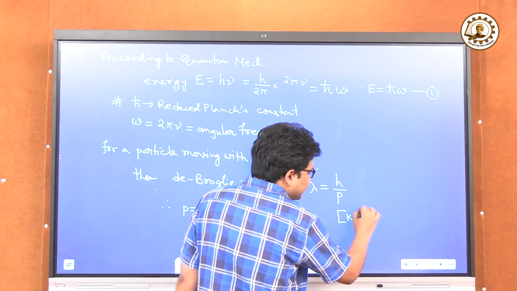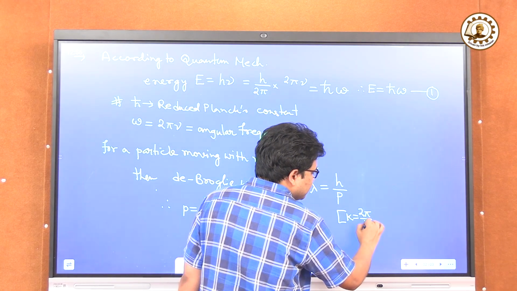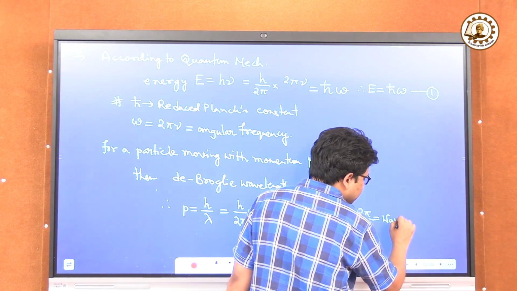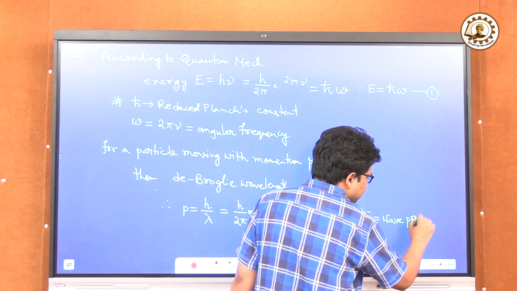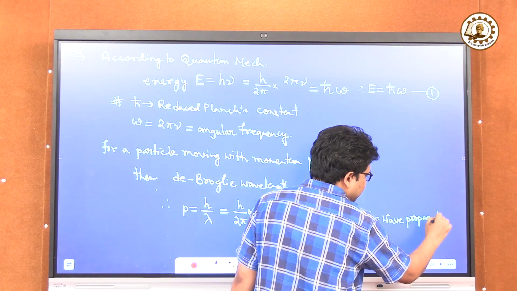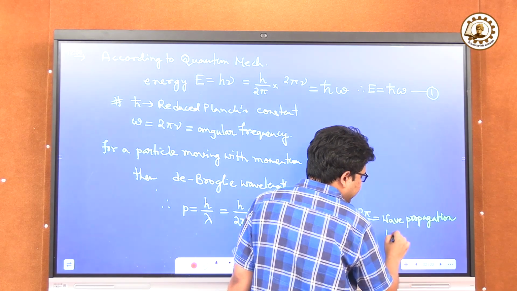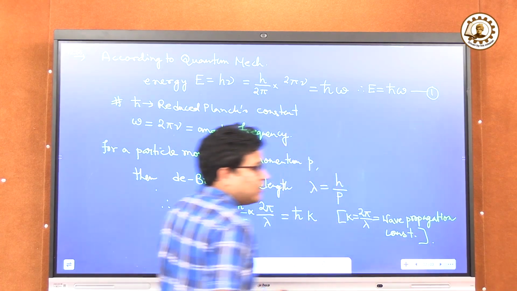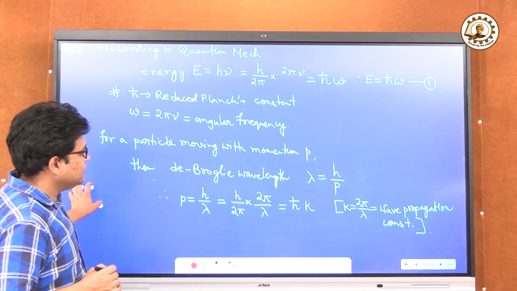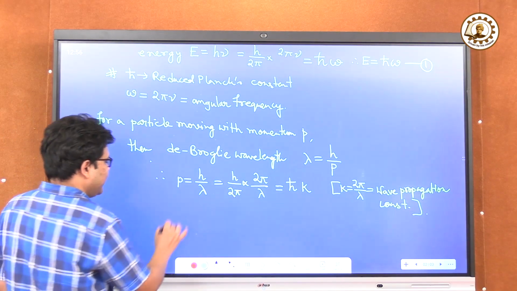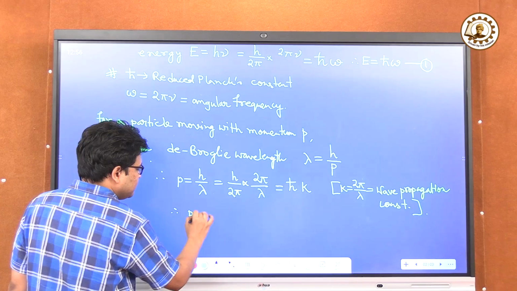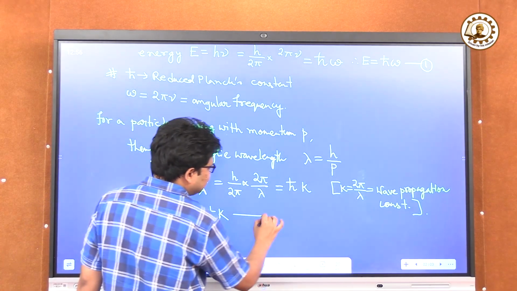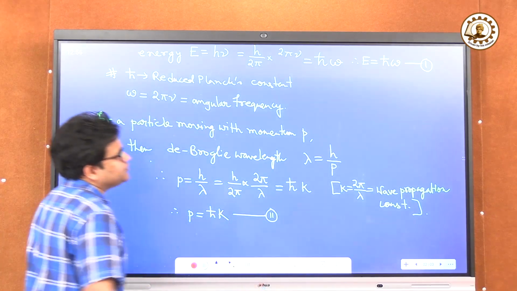Here k is 2 pi by lambda, the wave propagation constant. As a result, we have p equals h cut k. This is our equation number 2.